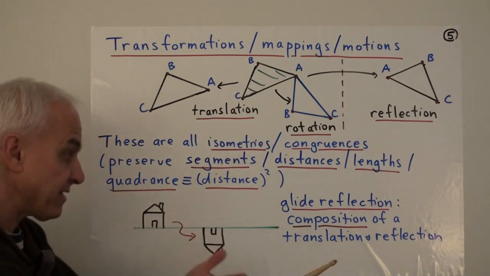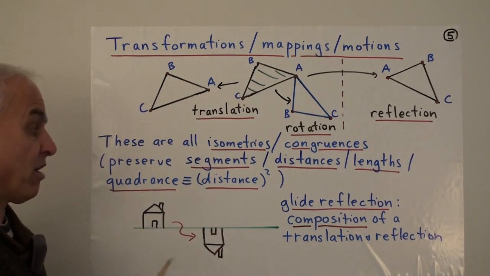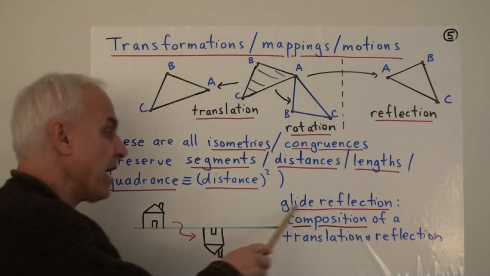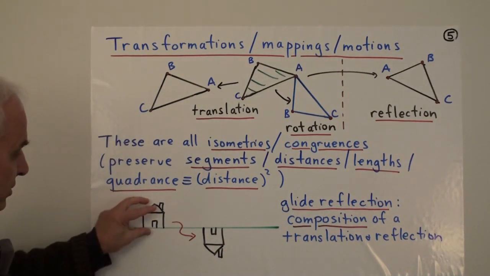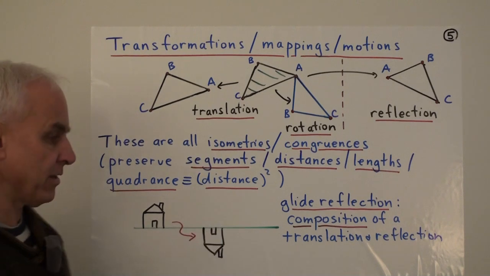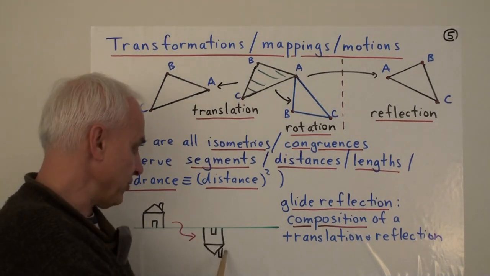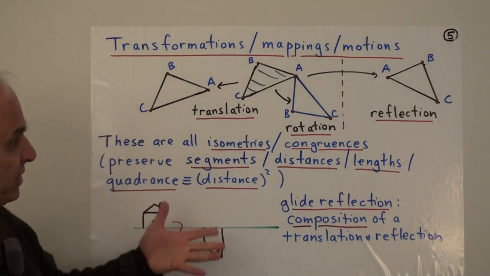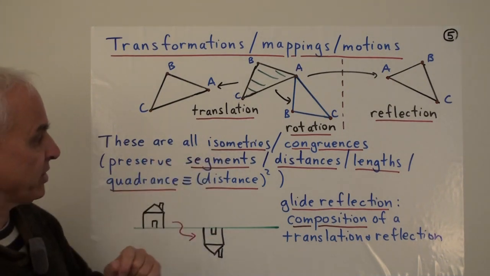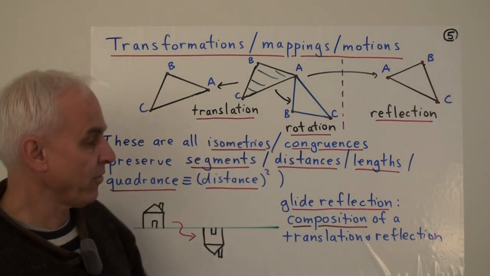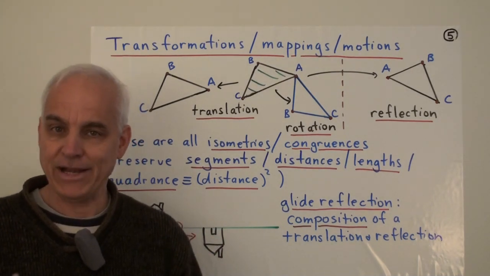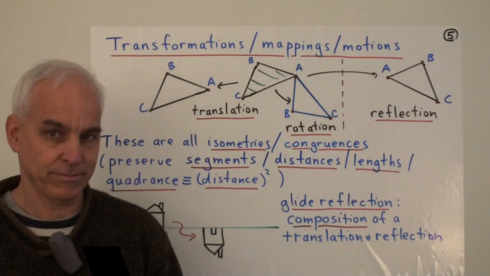And that net effect, that combined transformation, is called a glide reflection. Taking the house here, twisting it, and translating it to get the house over here. So these are important kinds of isometries or congruences or rigid motions that we study in planar Euclidean geometry.